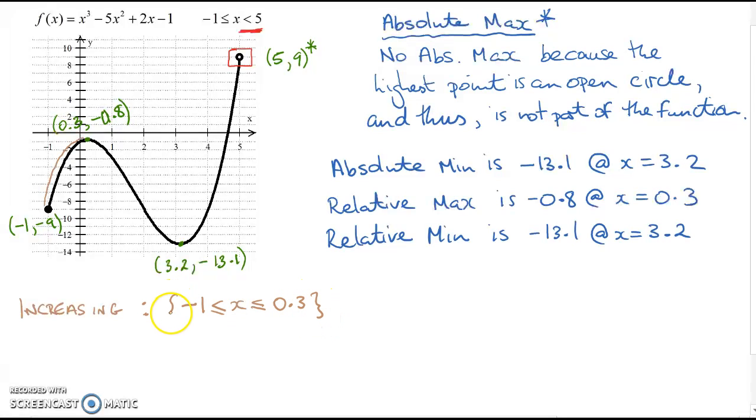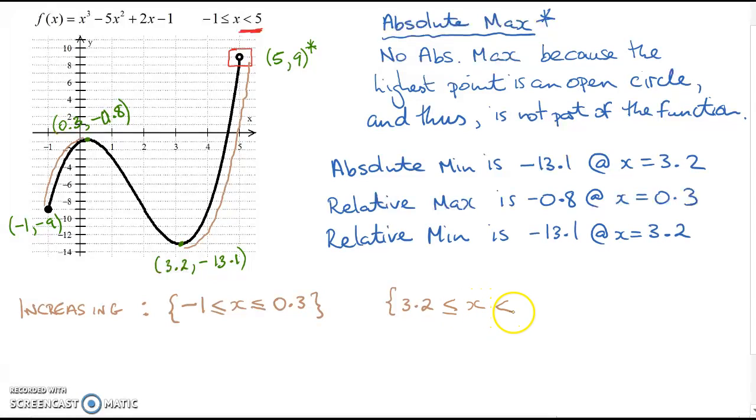And in that case, just like in the previous example, it doesn't matter whether we use less than or equal to. Again, the graph increases from an x of 3.2 up to an x equals 5, but it doesn't include the x equals 5, and this is where this example is different from the previous one. This interval begins at 3.2 with your x being equal to 3.2, so we can go with less than or equal to.